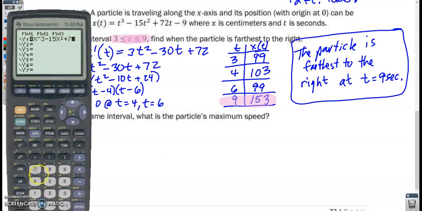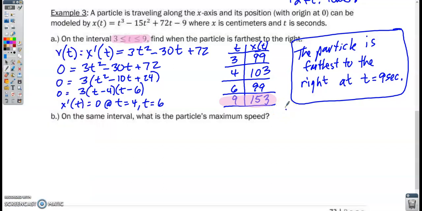I can type this function into my y equals, then set up my table so that it is asking me for values. Then I'll go to my table and enter these values in here. And boom, look at how quick that was to generate the table. So that's a way we can do it on another model of calculator.